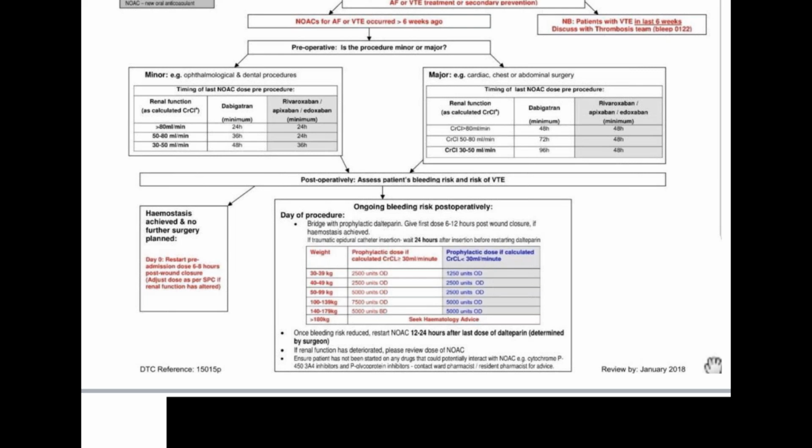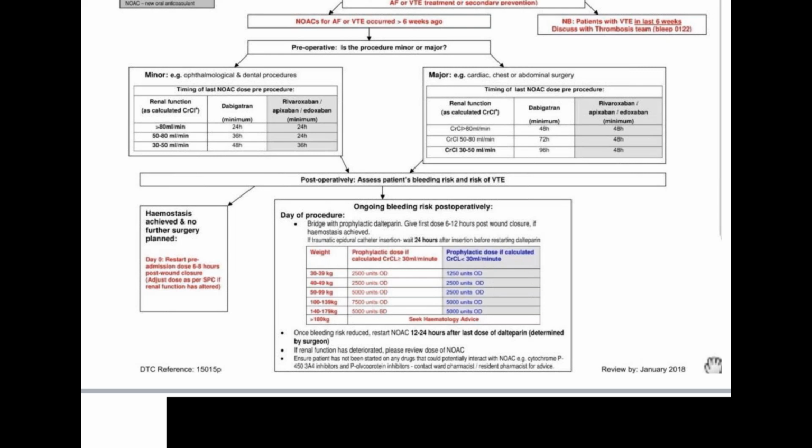So our patient's weight is 110 kg, so she will receive 7,500 units once daily as a prophylactic dose. And here we will start it 6 to 12 hours after the surgery.